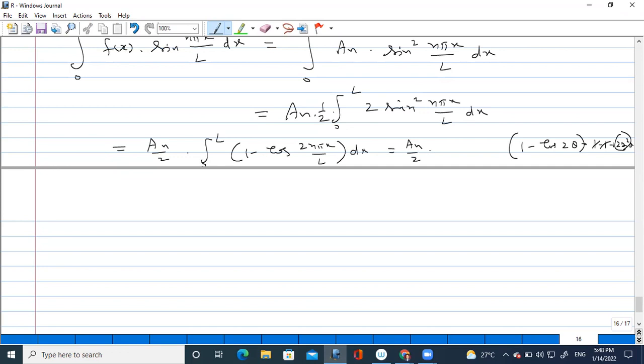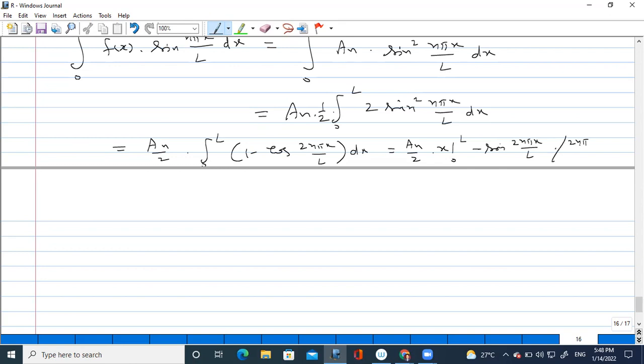So an by 2 into, the integral of that will be x, limits 0 to L, and minus the integral of this will be a sine term: sine 2n pi x by L divided by 2n pi by L, since it is integration now.